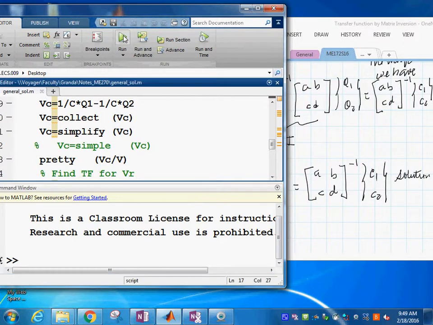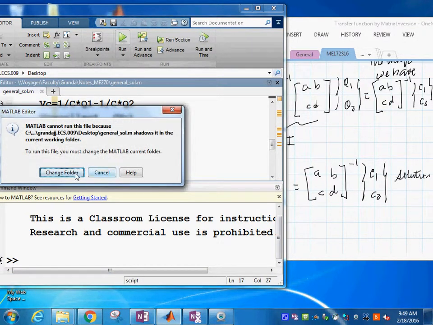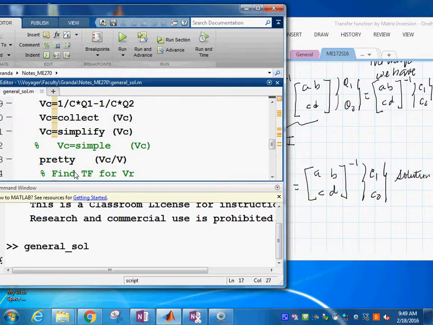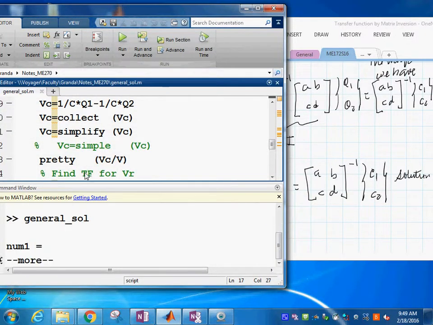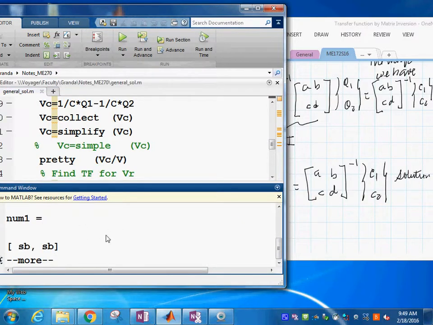Matlab doesn't know that you're doing operations with symbols. And so when you define a matrix, which is what I'm doing here to define the first row of the first numerator that you see, it needs to know that it's symbolic.